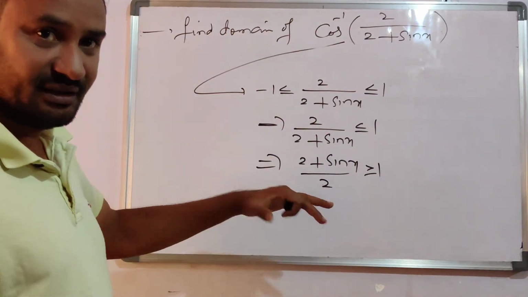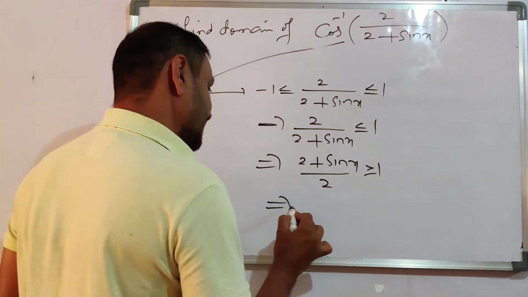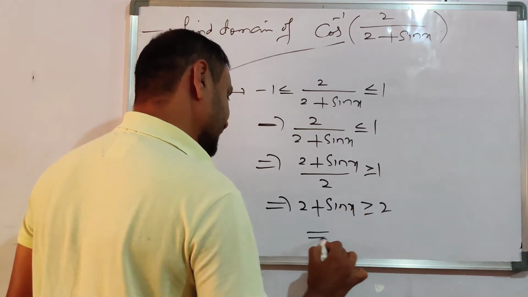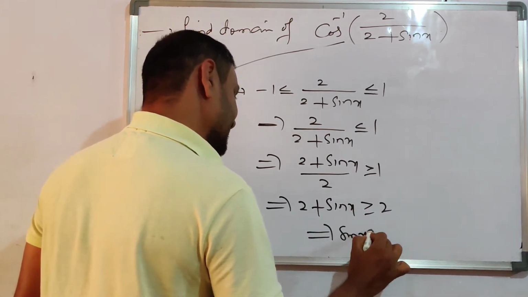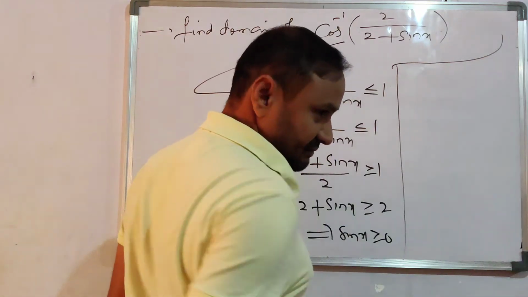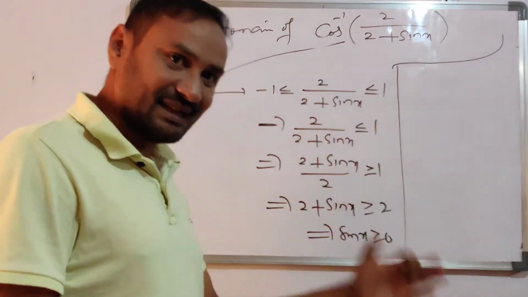Interchange numerator into denominator, denominator into numerator. The symbol will change, that is 2 plus sin x is greater than or equal to 2. That implies sin x is greater than or equal to 0. Where is sin x positive? Sin x is always positive in the first quadrant and second quadrant.